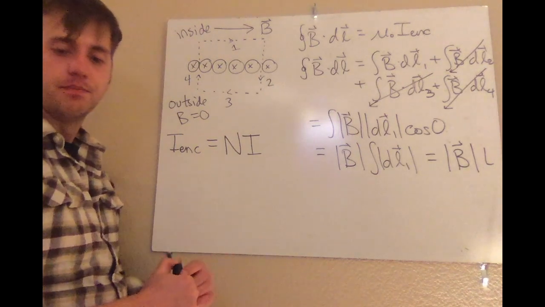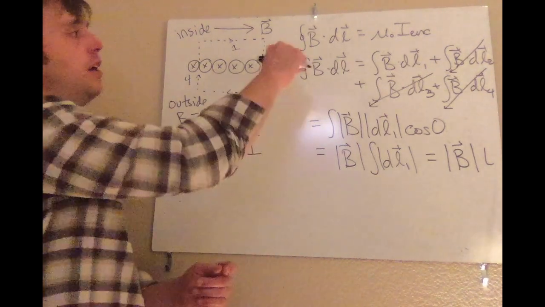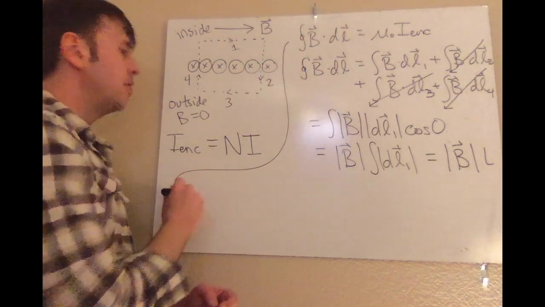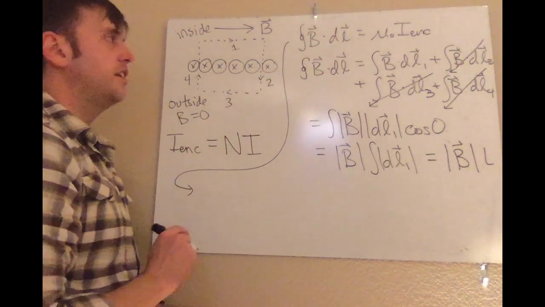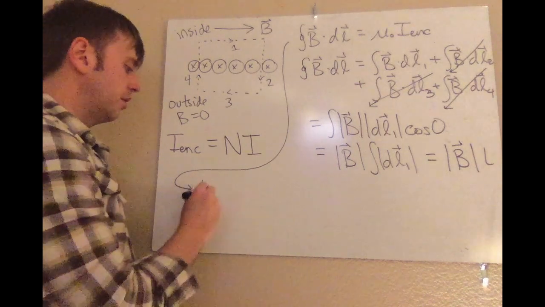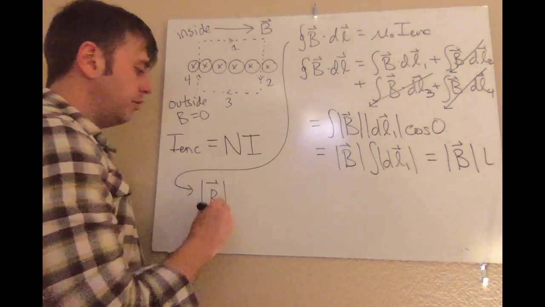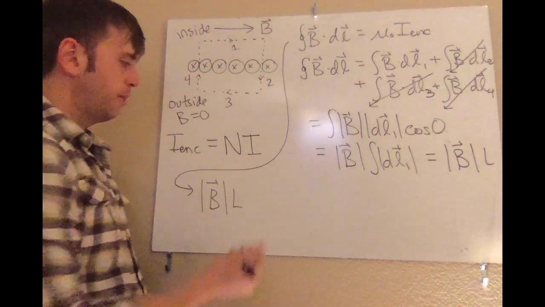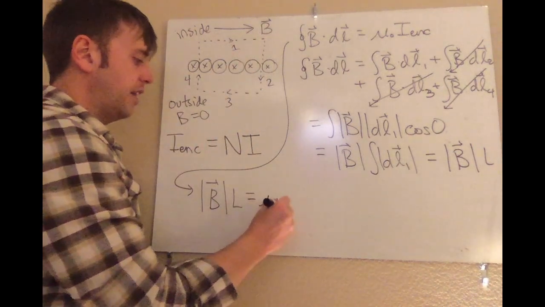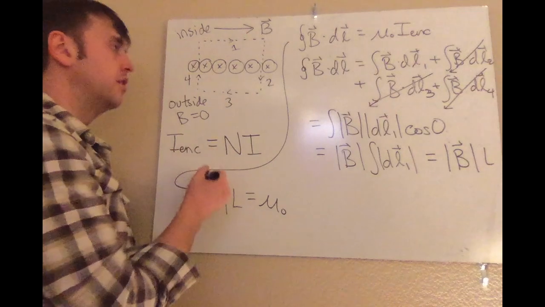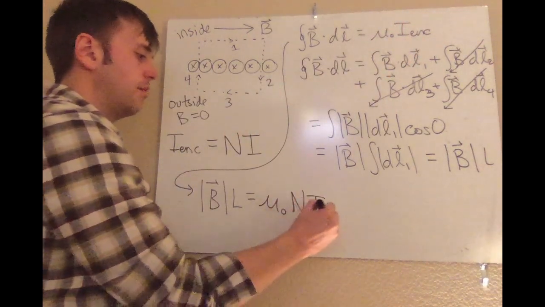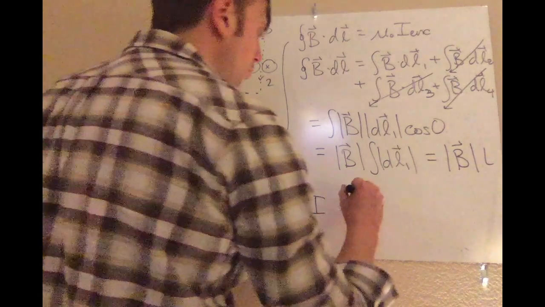That's the idea. So I'm going to take everything together and put it all together in Ampere's law. The integral of B dot dl goes to the magnitude B times this length L right here. Then we have that equal to mu naught times I enclosed, and I enclosed is N times I. So we're almost done.